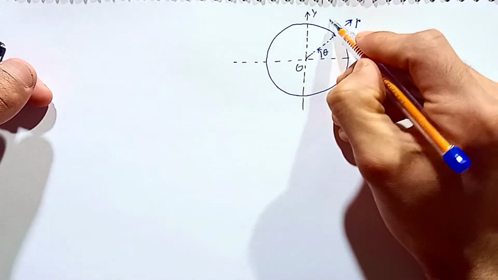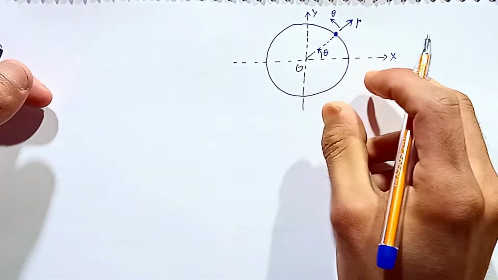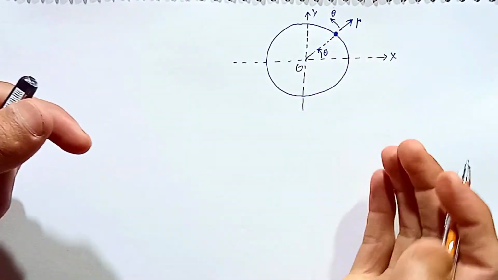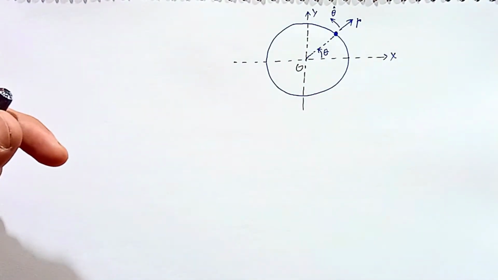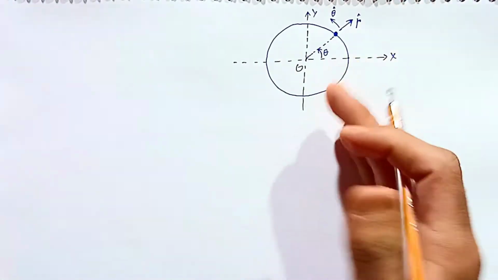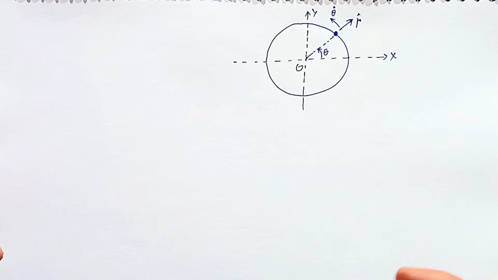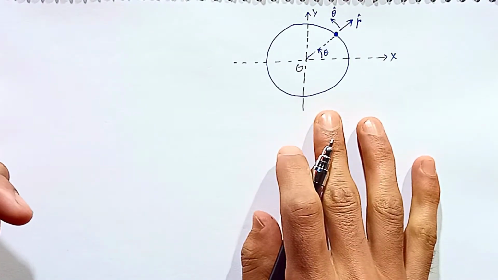And along this axis, this will give the change in theta, the change in the angle traversed by the particle with respect to time. This is the position unit vector and this is the angular unit vector, that is theta hat. So this is the xy axis, the orthogonal coordinate system.